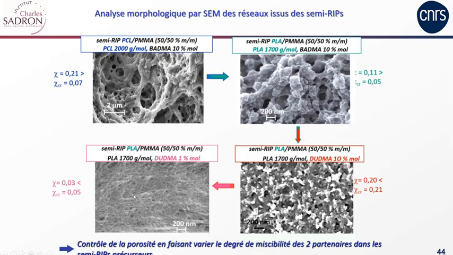So this is a way to tune the porosity by varying the miscibility degree, the compatibility between the two partners in semi-IPNs. Okay, so in semi-IPNs, you need to vary the compatibility between the uncross-linked partner and the network in order to tune the final pore size.